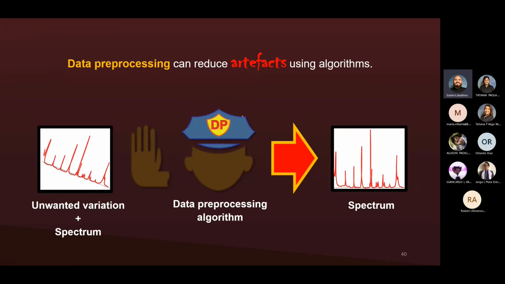These are algorithms where you can place a spectrum with unwanted variation, add it to the algorithm, and it will reduce that unwanted variation. It will not eliminate the variation all by itself. It will simply reduce it to a certain point.